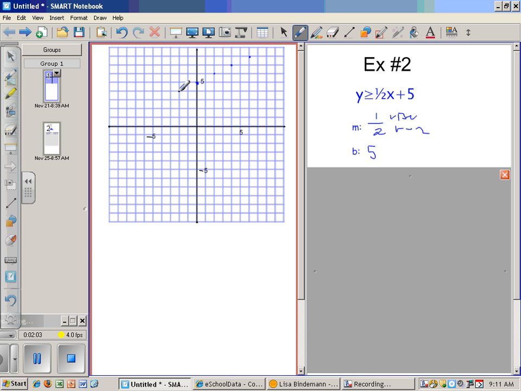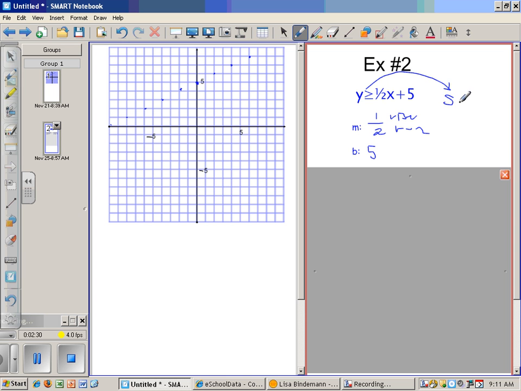And remember, you want a nice long line, one that extends throughout the entire graph. Now, should we connect this with a dotted line or a solid line? When you see that it's greater than or equal to, that's a solid line.